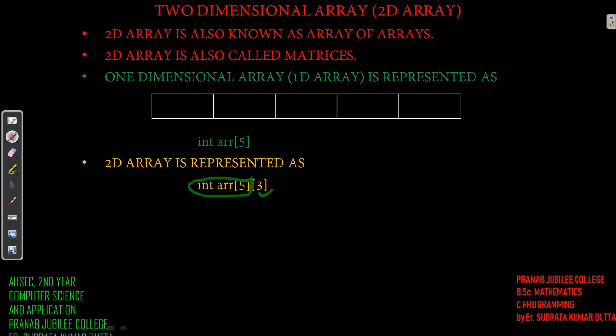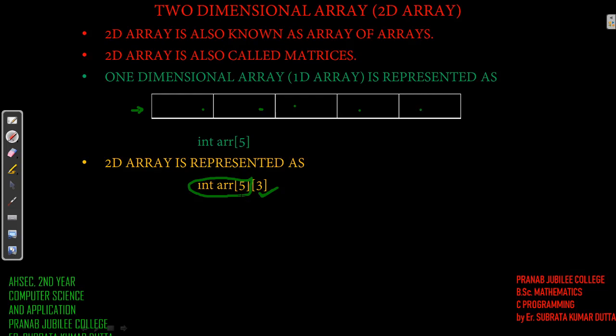What does this 3 inside the square bracket represent? In this one dimensional array, we have one array of 5 blocks, 1, 2, 3, 4, 5. So this is one array that can contain 5 elements.